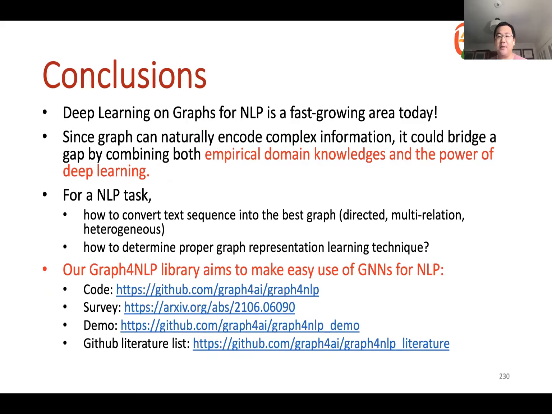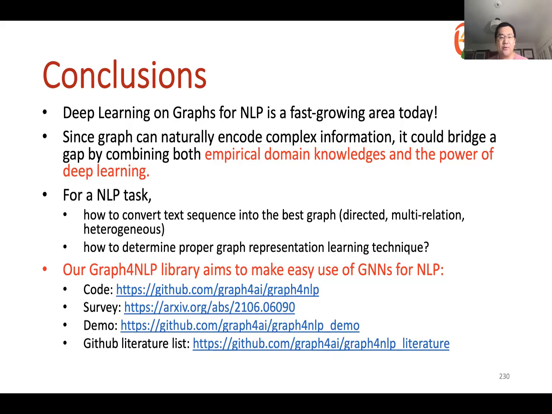For a given NLP task, there are two important questions to ask. The first question is, how can we convert a text sequence into a proper graph? It could be a directed graph, multi-relational graph, or heterogeneous graph. And once you have a graph at hand, how do we determine the proper graph learning technique in order to make full use of the graph information we have constructed?